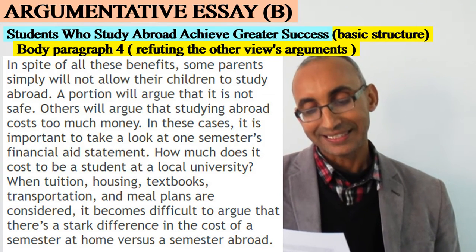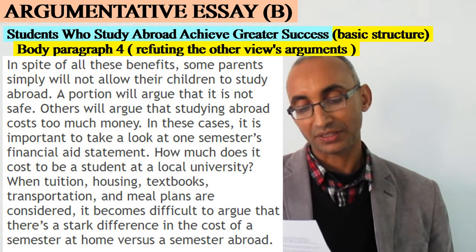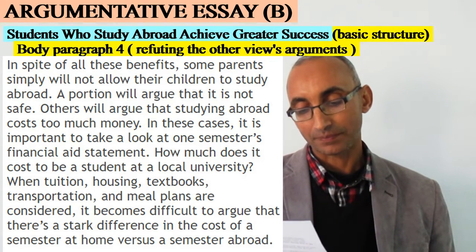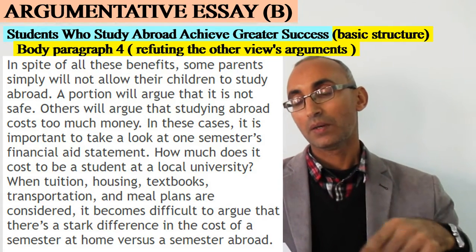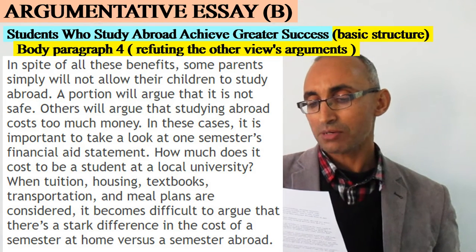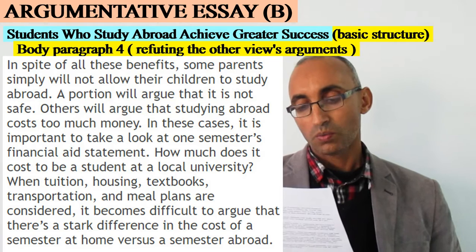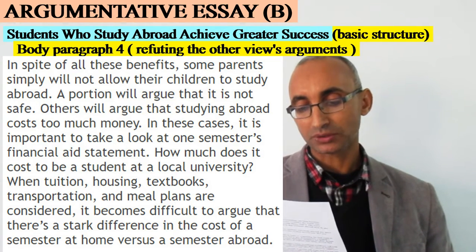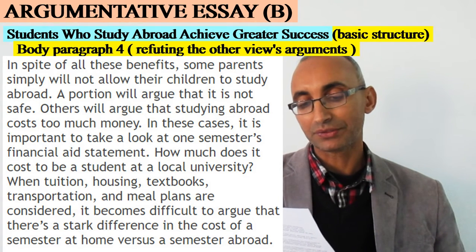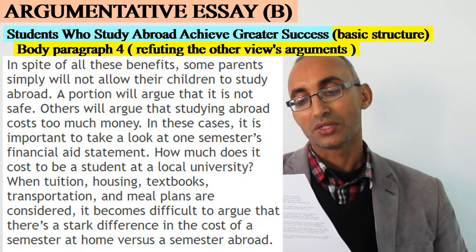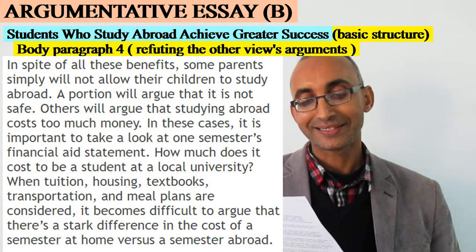In these cases, it's important to take a look at one semester's financial aid statement. Now put argument, he will answer them, he will refute that view. How much does it cost to be a student at a local university? When tuition, housing, textbooks, transportation, and meal plans are considered, it becomes difficult to argue that there is a stark difference in the cost of a semester at home versus a semester abroad.